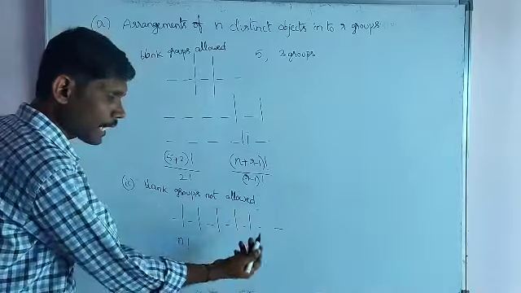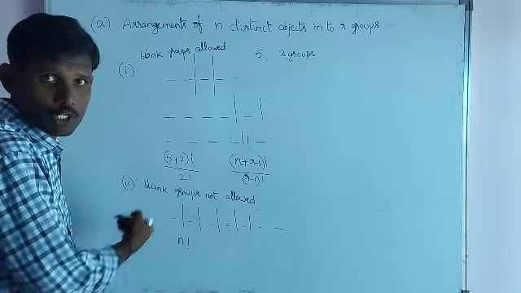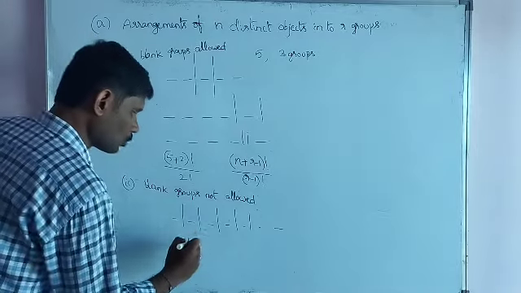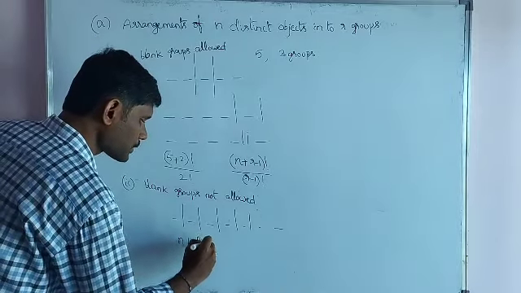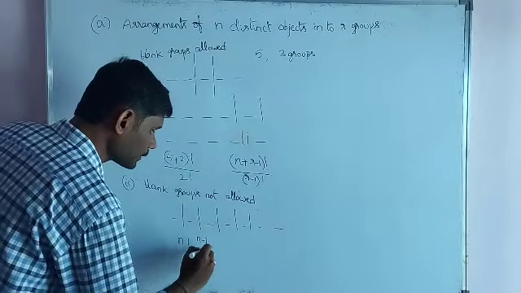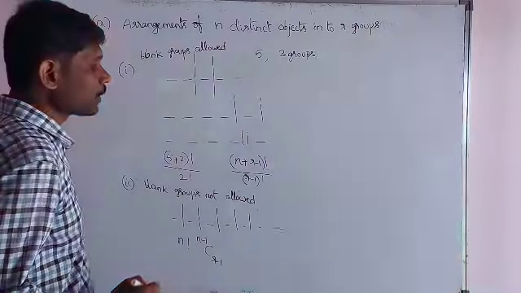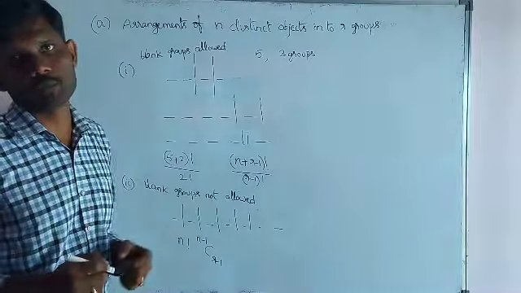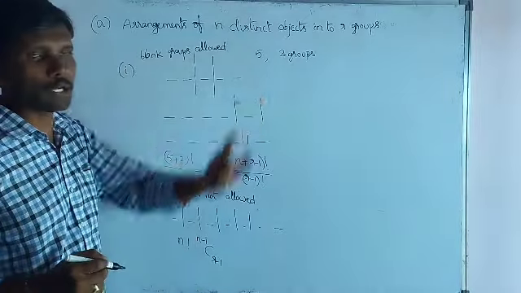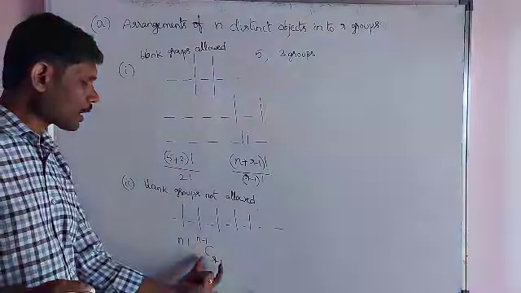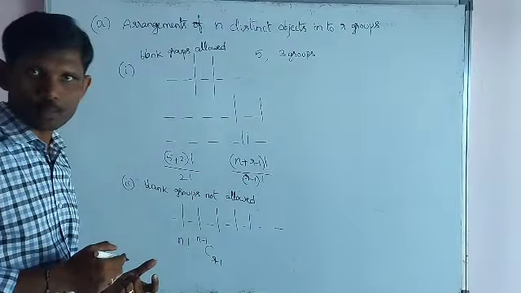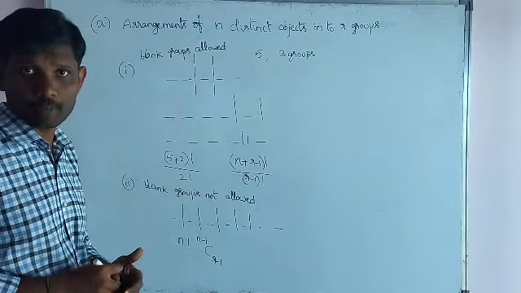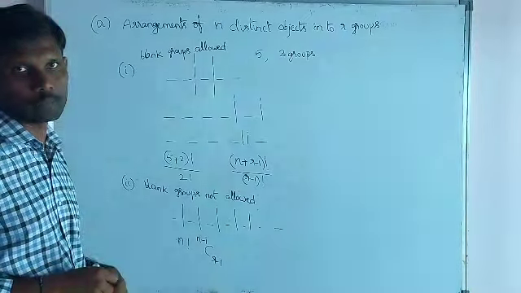So let's consider gaps in between, not the first one and the last one. So there will be n minus 1 gaps. Out of these n minus 1, select r minus 1, because we are going to place only r minus 1 partition marks. We need to divide into r groups. So in the selected r minus 1 places, we can place the partition marks. That can be done in only one way because partition marks are identical.